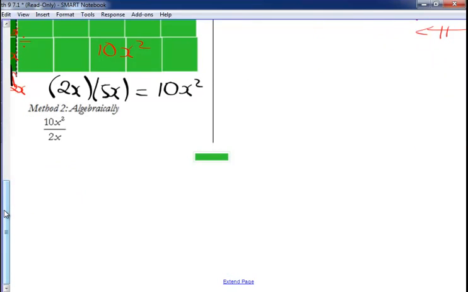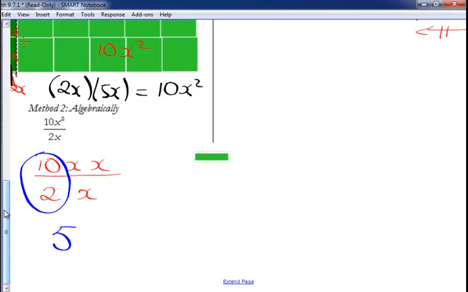So method number 2 is algebraic. Now, if I take the top line and write it as 10, x squared can be thought of as just x times x. So I'm expanding it out. On the bottom shelf, we've got 2x, don't we? Now, let's look at our coefficients first of all. This part here, 10 divided by 2. Well, that's easy mental math, isn't it? That simply leaves us with 5.